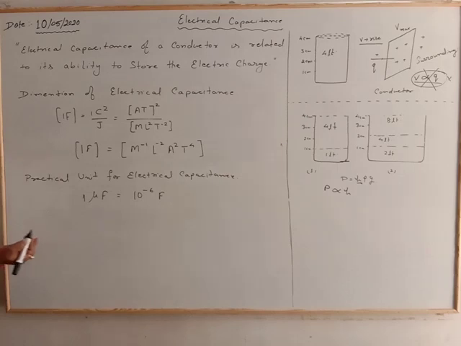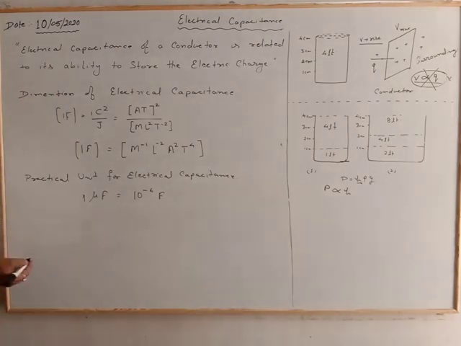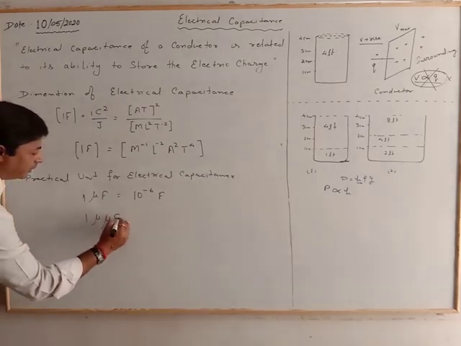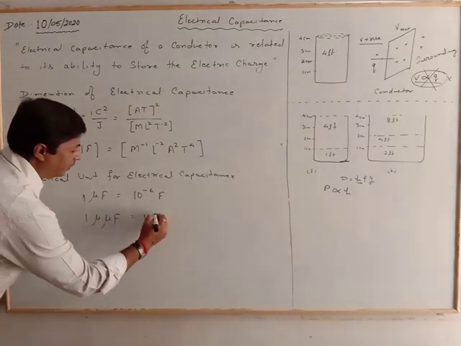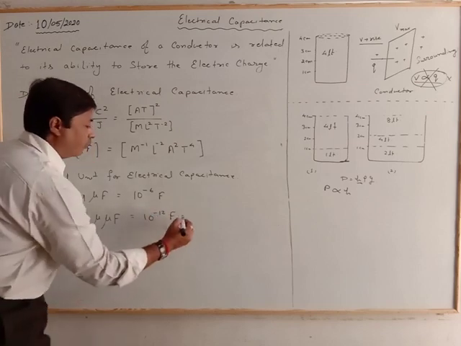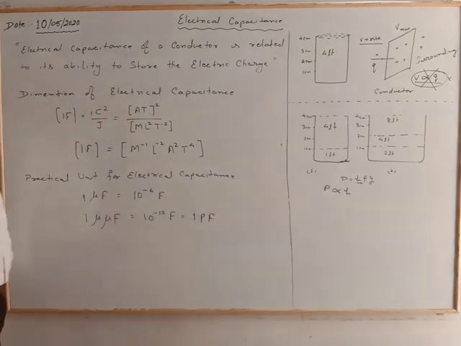There is also another smaller unit, 10 to the power minus 12 farad, which we write as 1 picofarad. These are the smaller units.